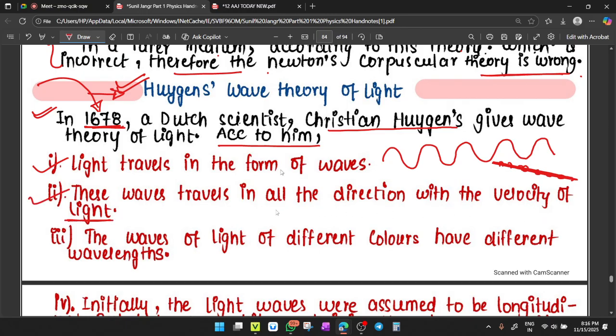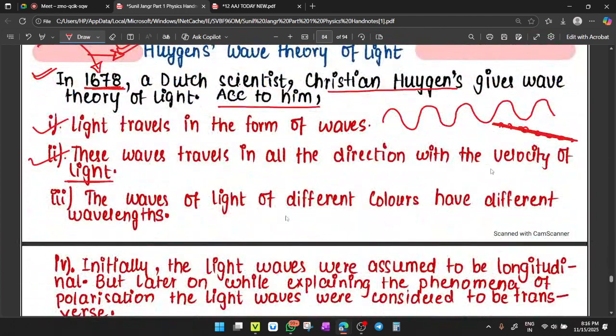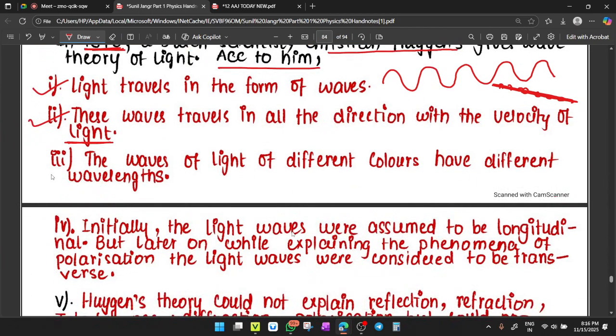The same thing was told by the corpuscles: these corpuscles travel with the speed of light in all directions. But in place of corpuscles there is a wave. These waves travel in all directions, meaning transfer of energy takes place in all directions with the velocity of light. The waves of light of different colors have different wavelengths.